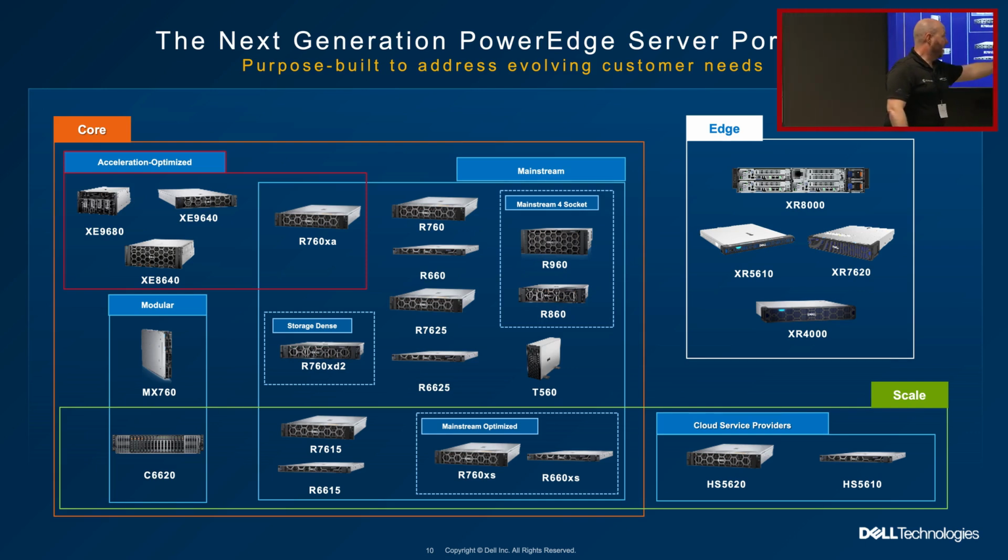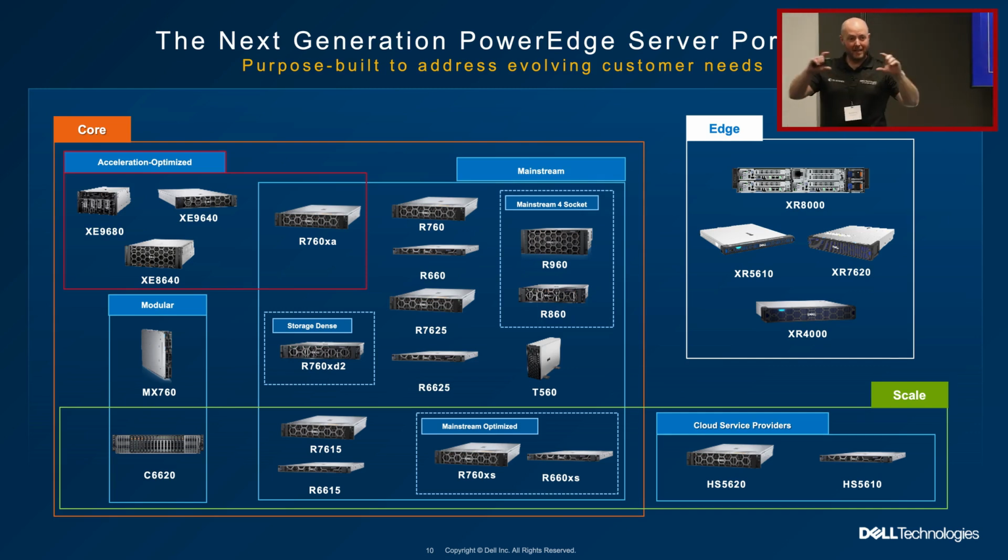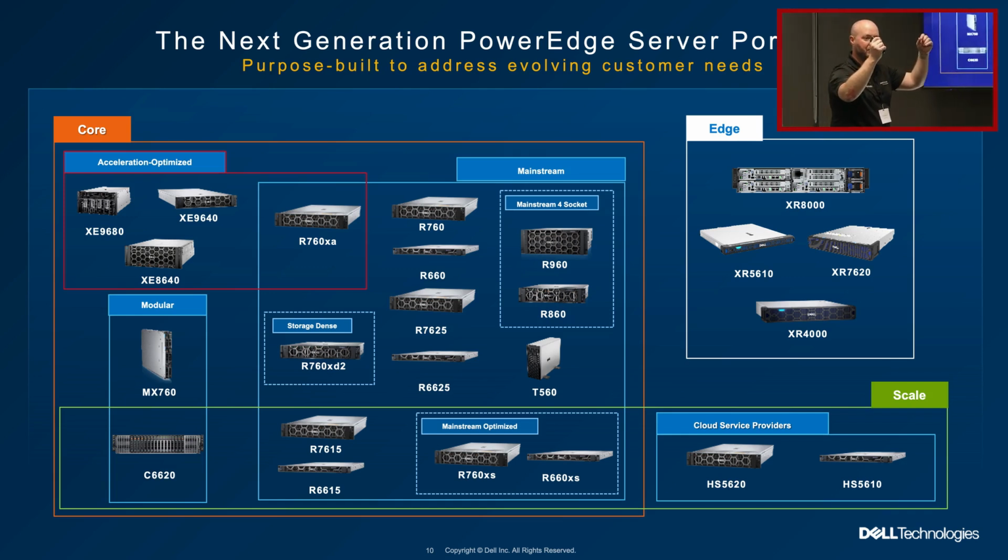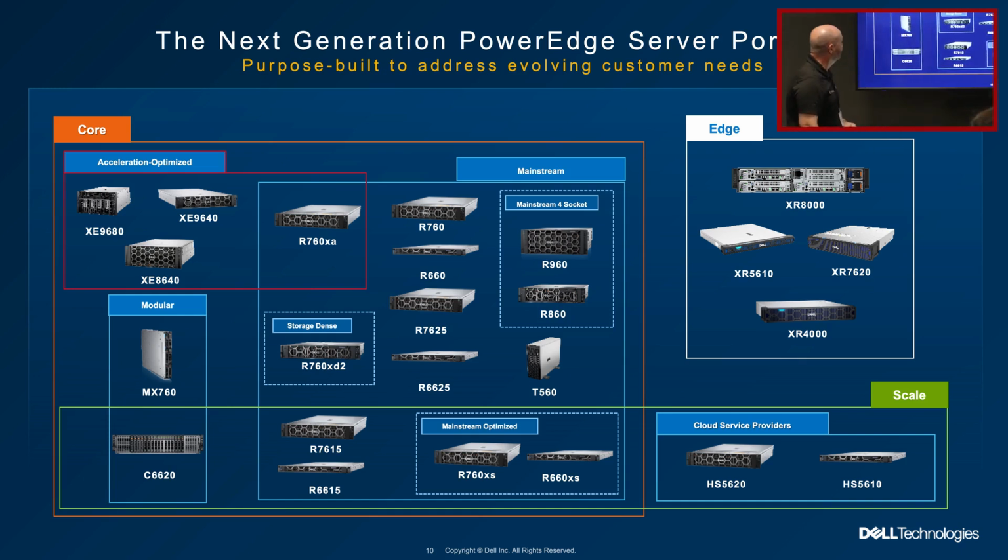We even have these XS models, which allow us to be more cost effective in that mainstream enterprise space, because it doesn't necessarily have support for the big platinum CPUs, because not every customer wants them, right? So why put that extra cost into the platform? We'll make a slightly more cost-effective solution.